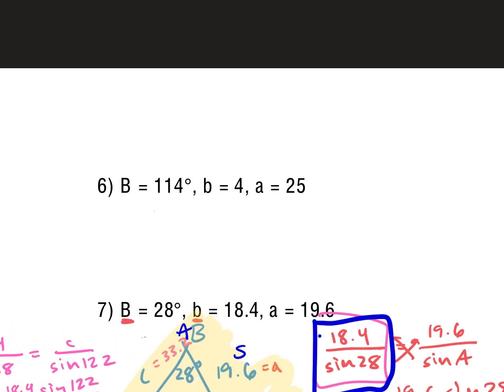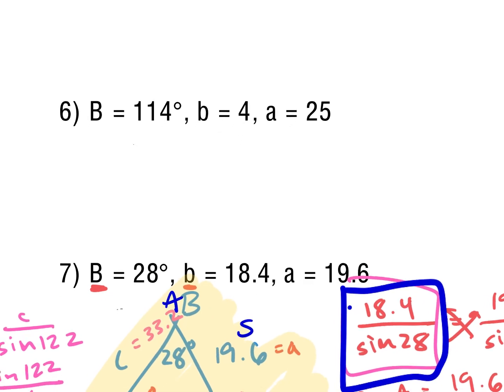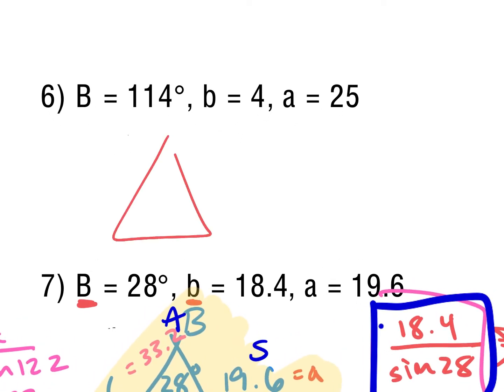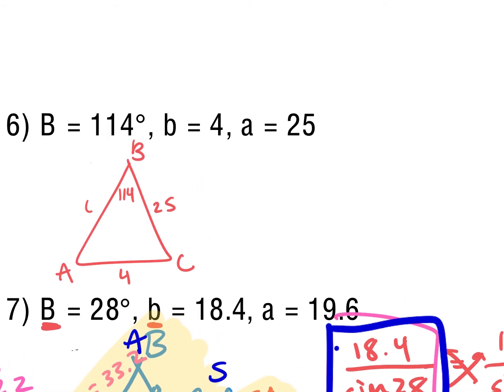Let's do number 6. So I have A, B, C. Angle B is 114. Side B is 4. Side A is 25. So what do I have to find first here? Anybody, what do I have to find first?